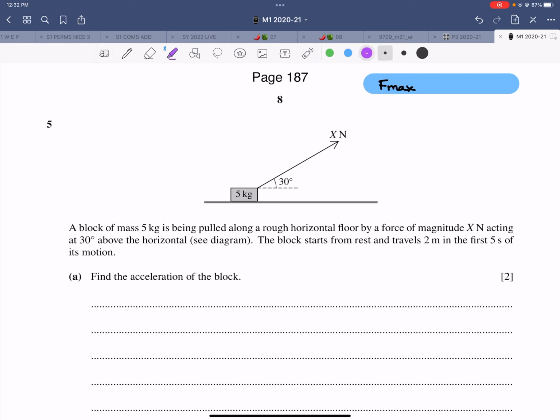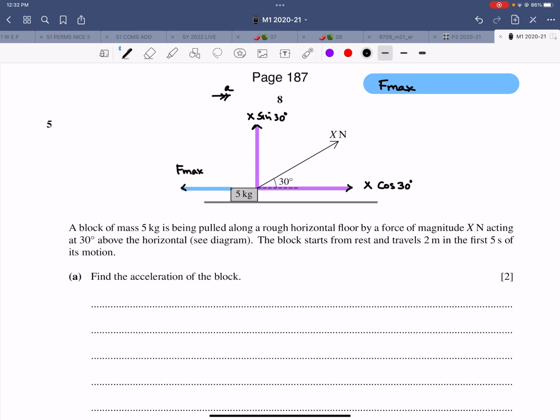Without reading any further, I would break it up into its components. That is the first and foremost thing. This is x cosine 30 degrees and this thing is x sine 30 degrees. Since it is actually moving to the right, therefore the friction F max is to the left.